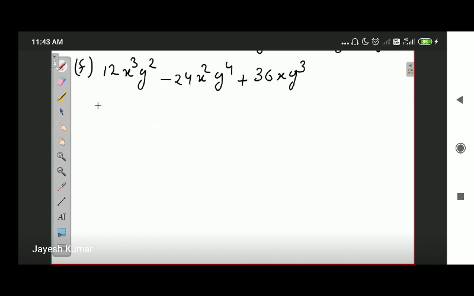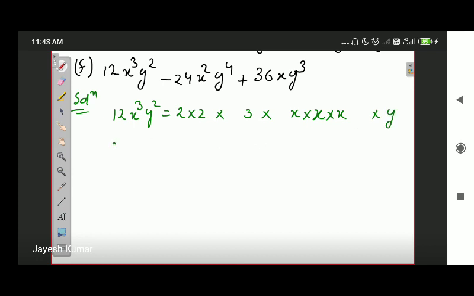Okay. So we will find out its prime factors. 12x cube y square will be 2 into 2 into 3 into x into x into x into y into y.